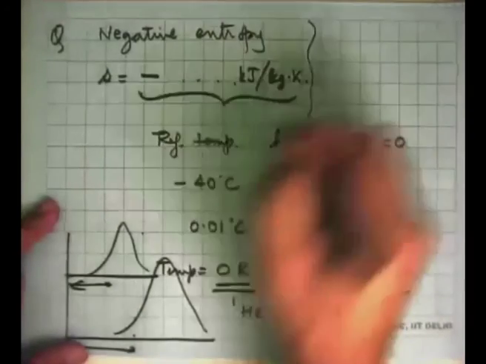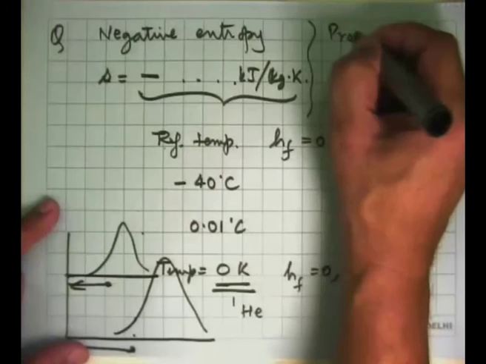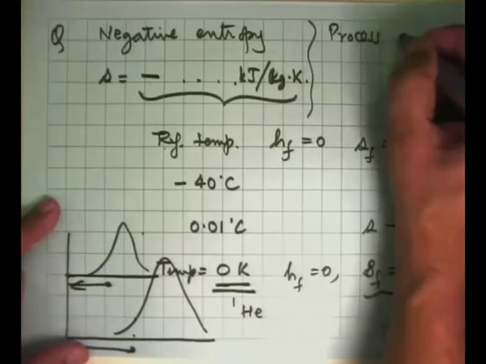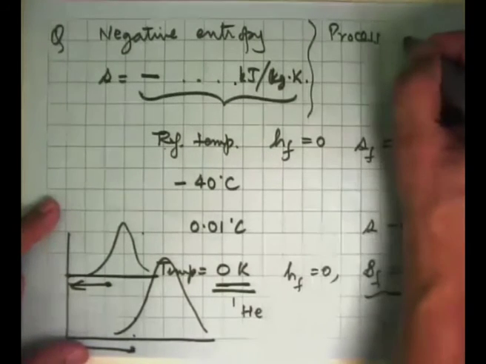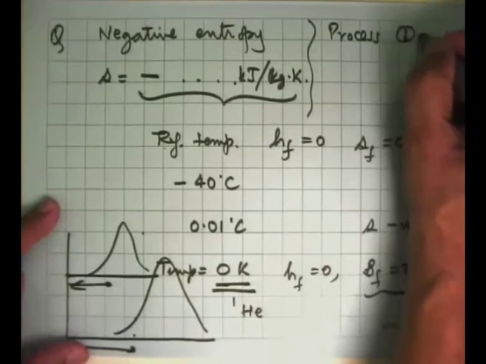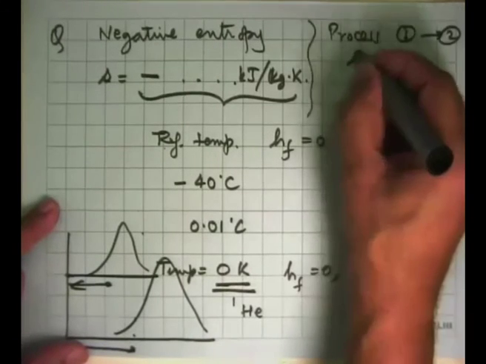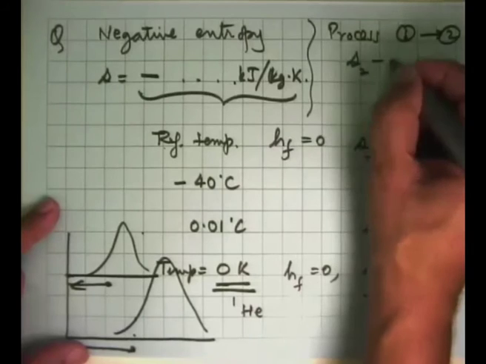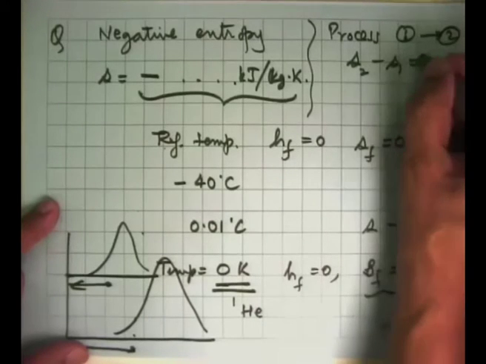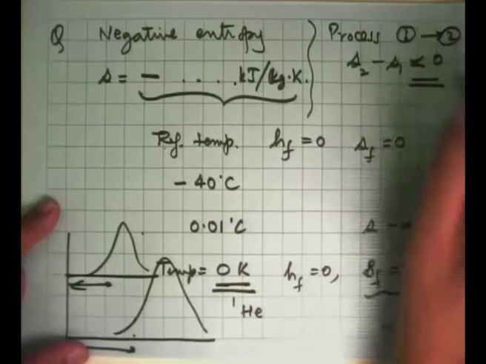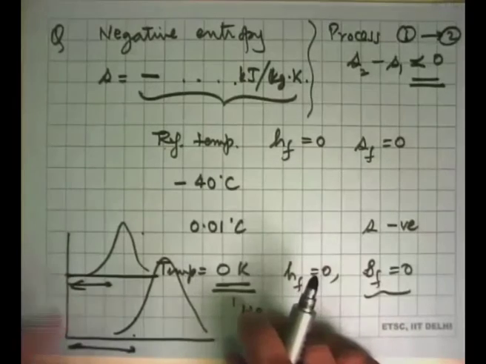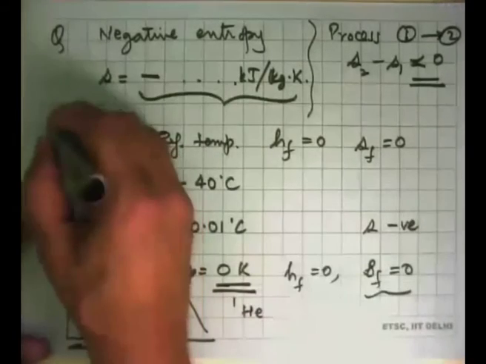Now let's look at the other thing. In a process, if the entropy decreases, so the starting state was 1 and the final state was 2 and S2 minus S1 is negative, what does this mean? Well, we did see a process like that.